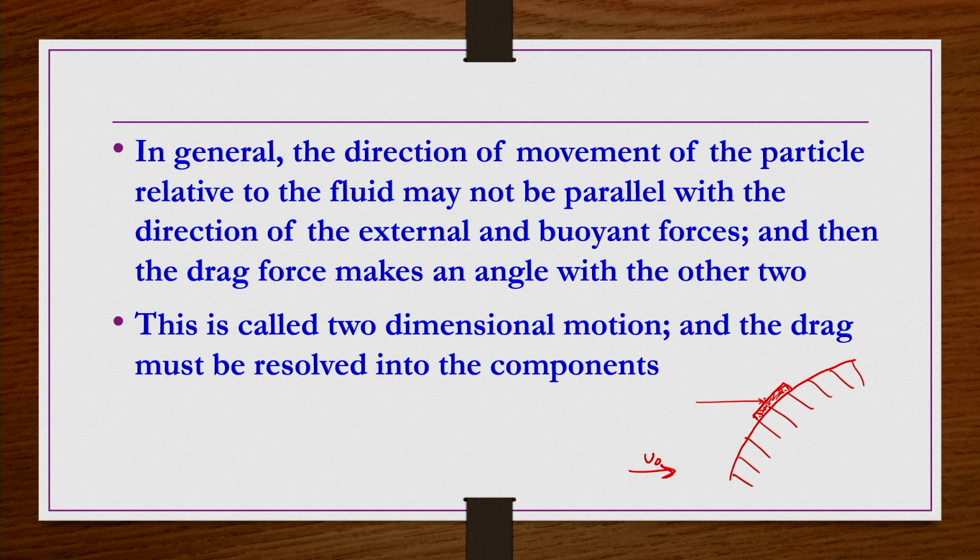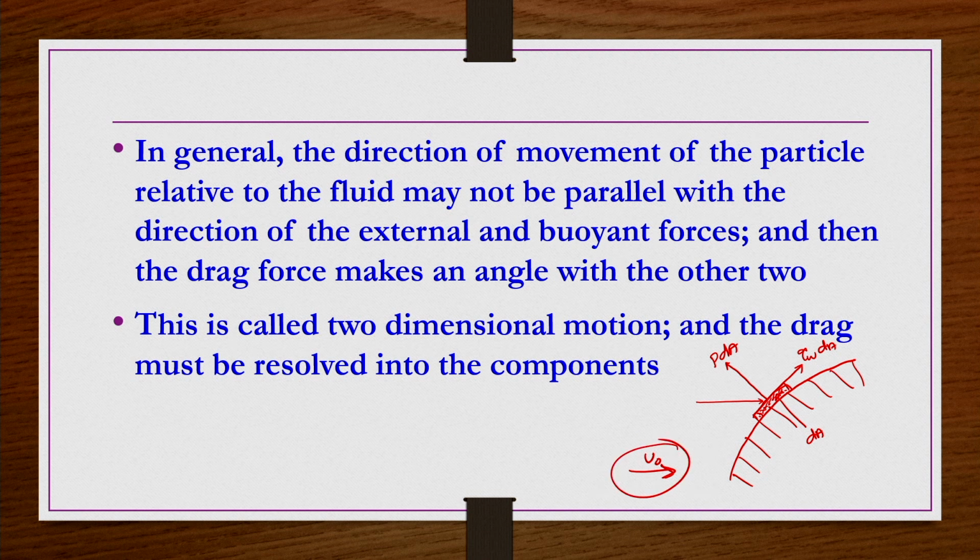You have to find a pressure component normal to the surface, and a tangential component like this. If dA is the area of the element that we have taken, then the pressure force would be p dA, and the shear force would be tau w dA, and they are in two different directions.